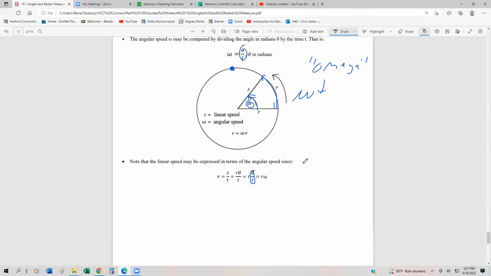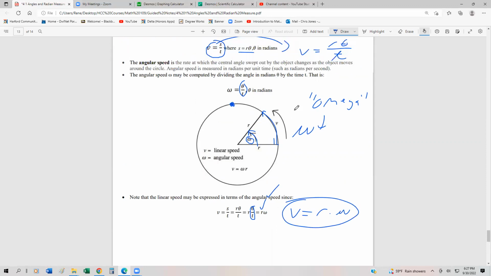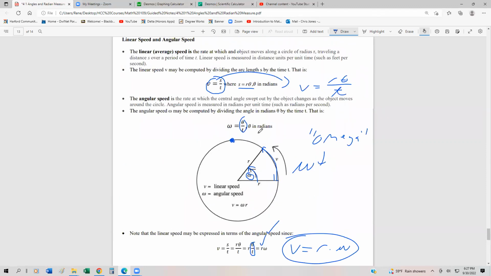And so if we know the angular speed and we know the measure of the radius, then we can express the linear speed as the radius times the angular speed. We're going to hold on to this formula because that's probably going to be the most important formula. These are all pretty easy to compute, but if we want to express the linear velocity, or the linear speed, in terms of the angular speed, that's how we're going to do it.